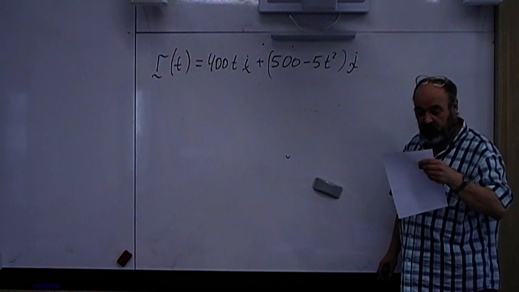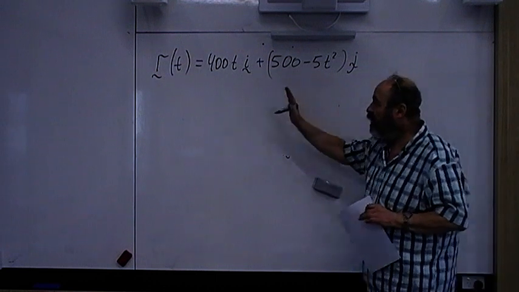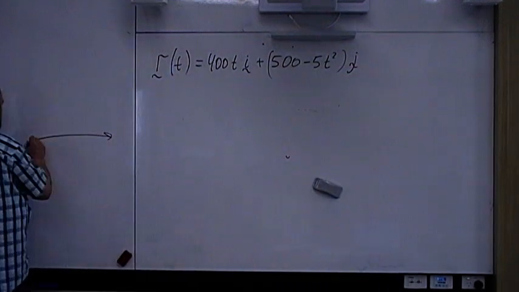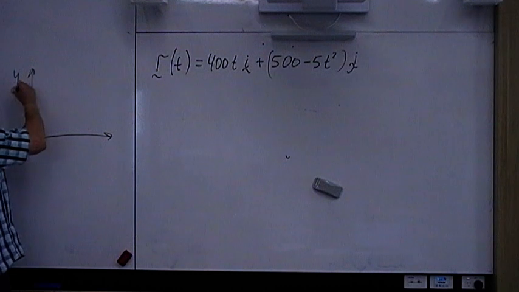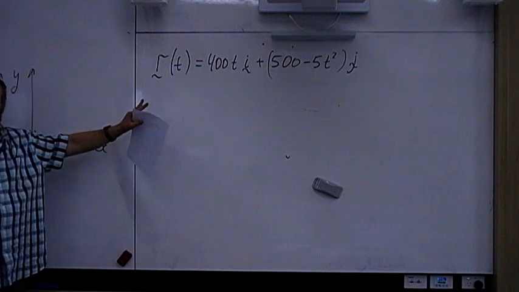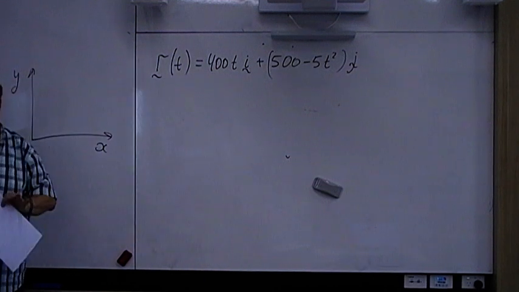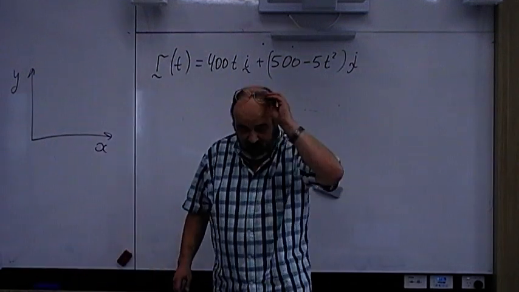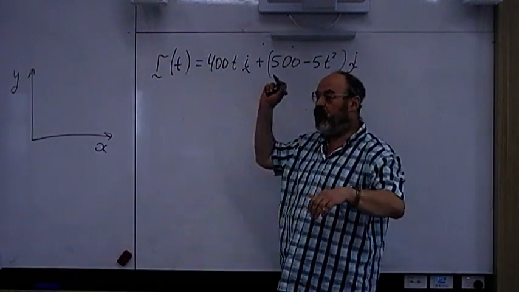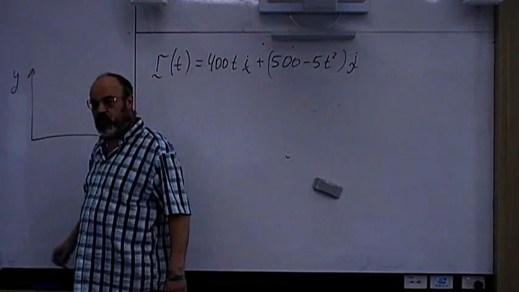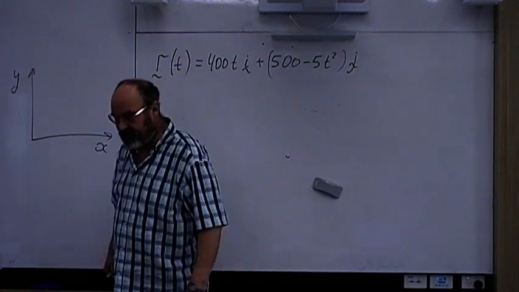This is x and y, x horizontal, y vertical axis. This is like projectile motion, just not with acceleration g equal 9.8 down, but with a different acceleration. So we throw a projectile at an angle to the horizontal.